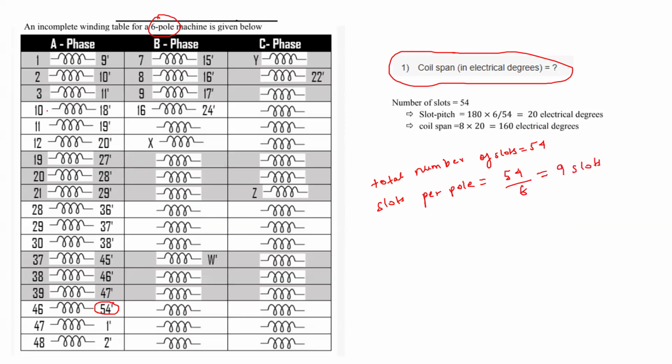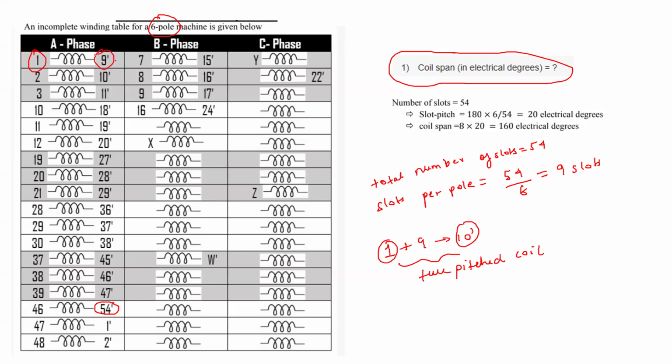So if you're starting from 1, and it were a full pitched coil, it would have been 1 plus 9, which is 10 dash. Full pitched coil means one end of the coil is under the north pole and the other end is under the south pole. But you are not putting it in 10 dash, you are putting it in 9 dash.